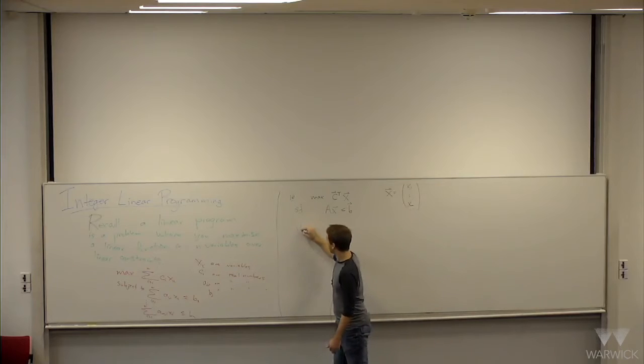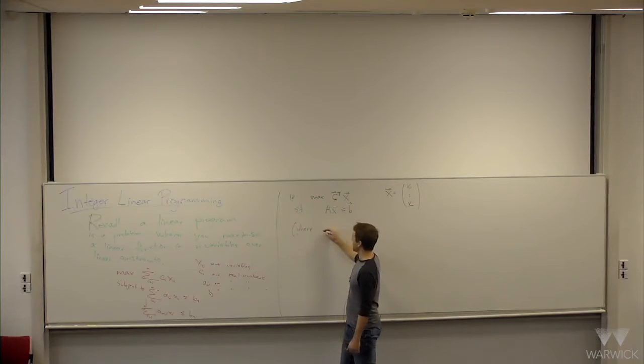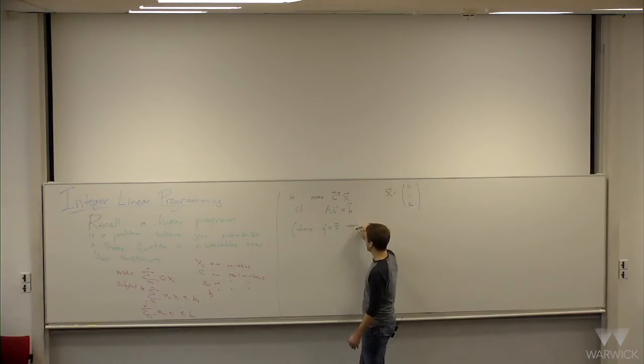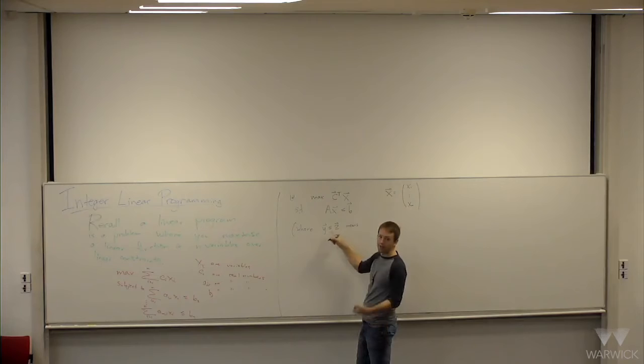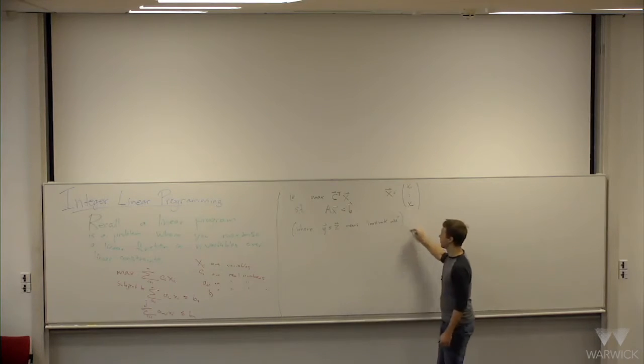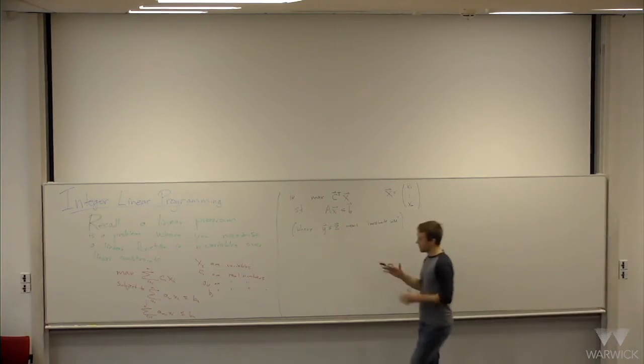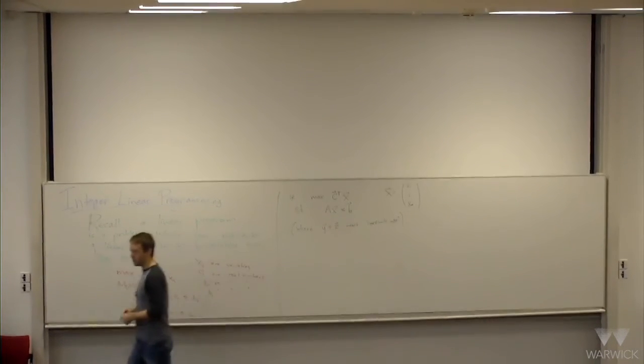This notation meant that if you have two vectors and you say y is at most z, every coordinate of y is at most the corresponding coordinate of z, coordinate-wise. So that's just a review of what linear programs were.